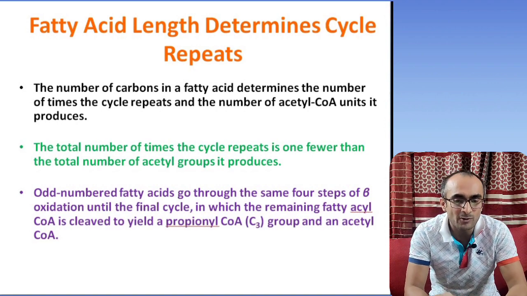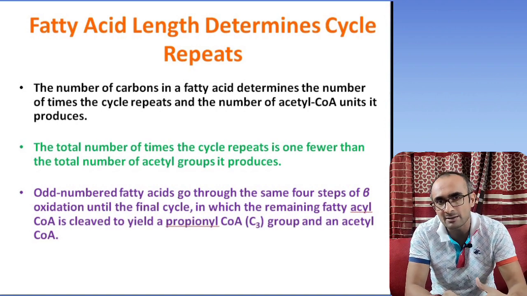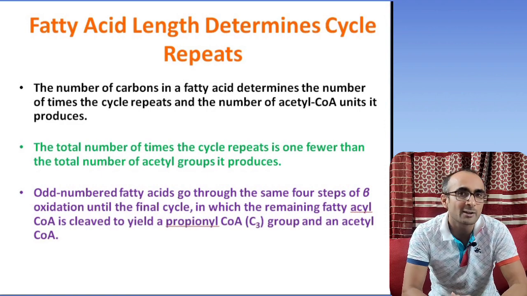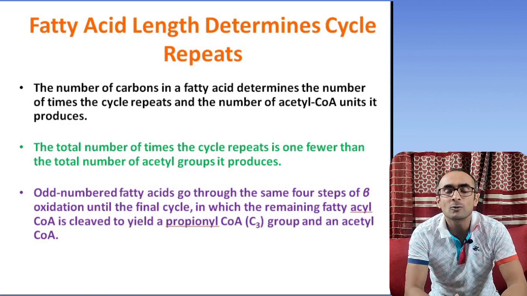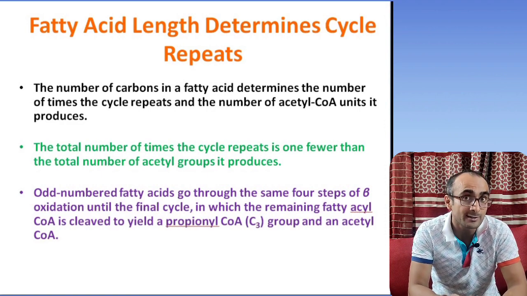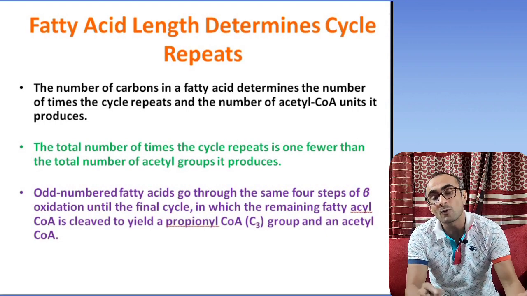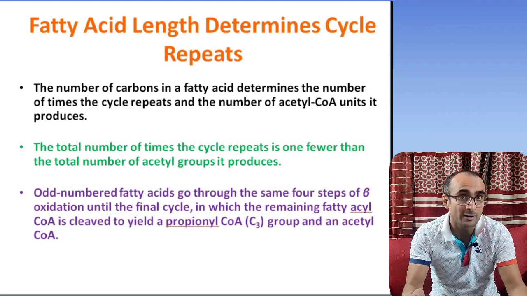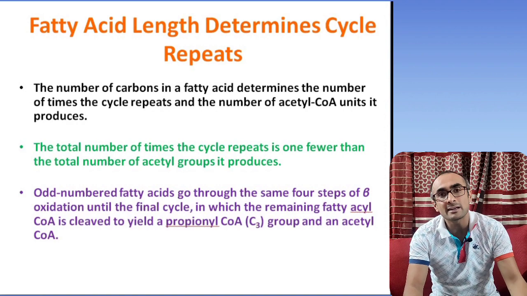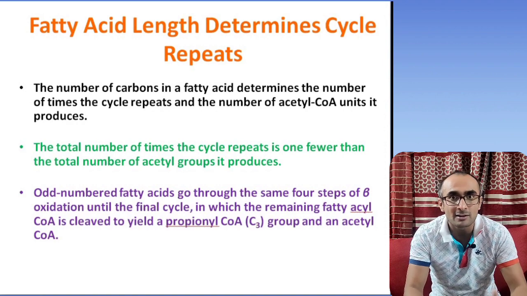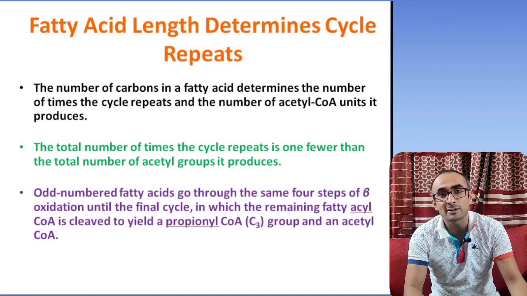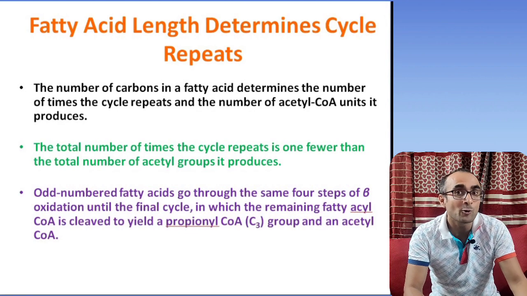But in the case of odd numbers: mostly fatty acids are even numbered, but some fatty acids are also odd numbered. So in beta oxidation of an odd number fatty acid, the cycle will be repeated as such, except the final product will not be acetyl.